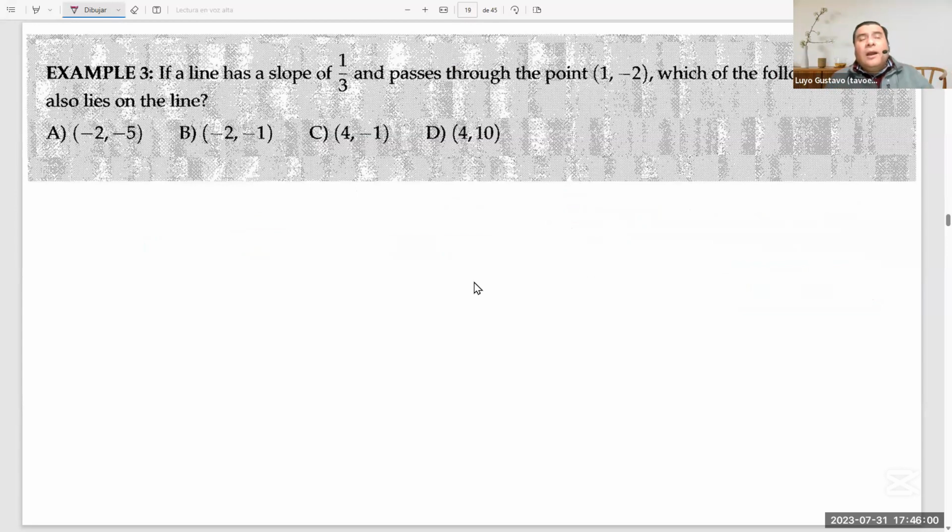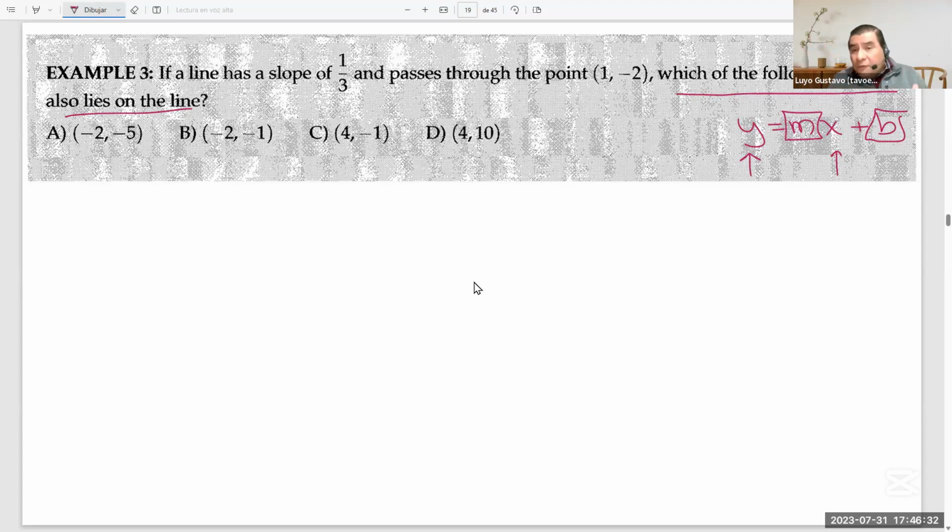How do I know whether one point lies on a line? I can verify that only if I know the equation of the line, in the form y equals m times x plus b. I can insert the coordinates of the point, and if the equation becomes true, then the point belongs.